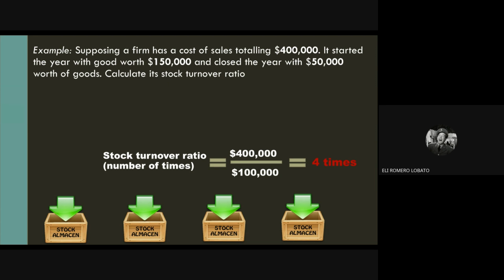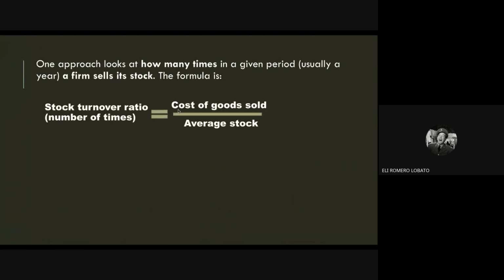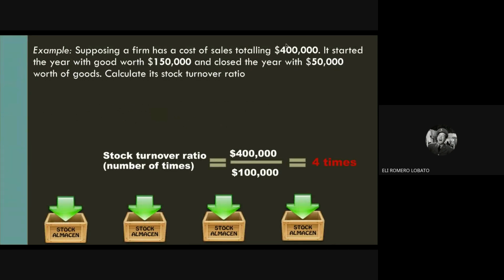We are going to calculate the turnover ratio according to times. So according to the formula, remember, cost of goods sold over average stock. We got $400,000, and then we take the average of the beginning, $150,000, and the $50,000 that we got at the end. That's how we got the average stock.